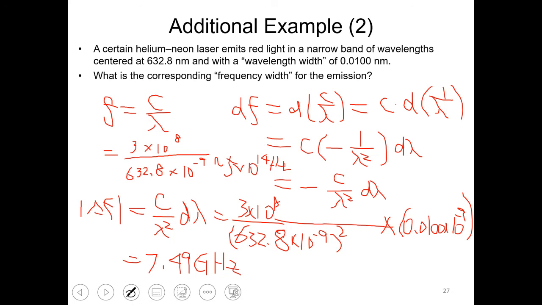So this is at least 5 orders higher than the gigahertz. Gigahertz is 10 to the 9th power.